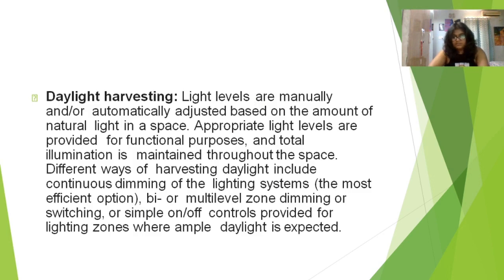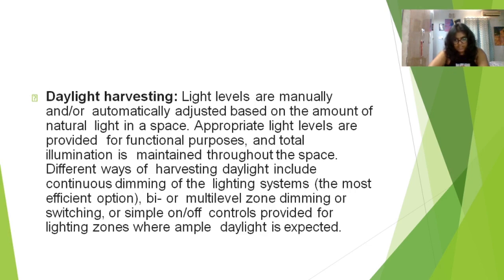Daylight harvesting. Light levels are manually and/or automatically adjusted based on the amount of natural light in a space. Appropriate light levels are provided for functional purposes, and total illumination is maintained throughout the space.